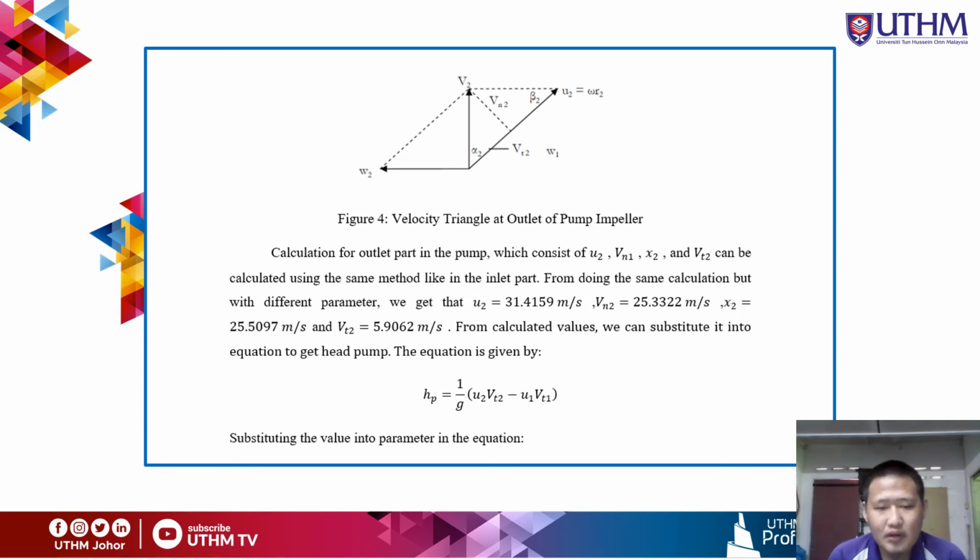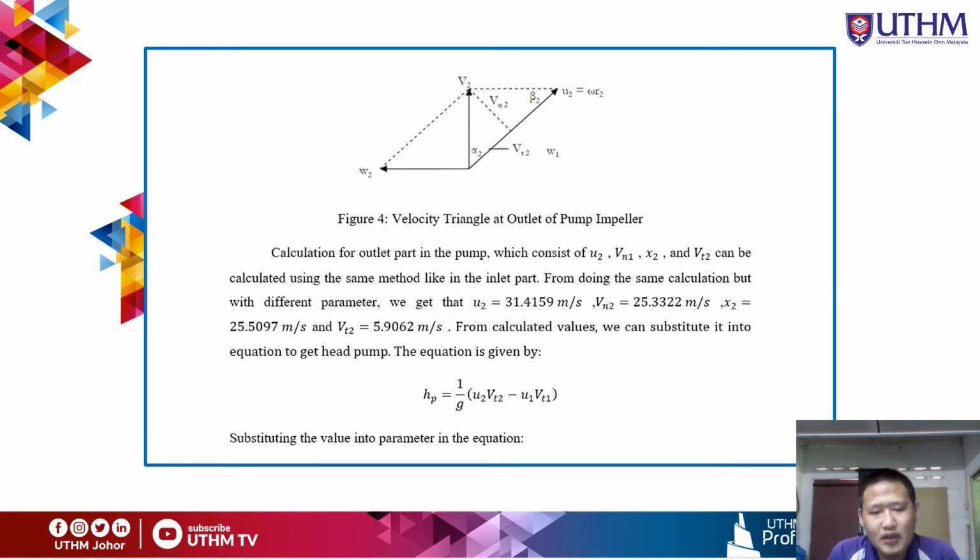From doing the same calculation but with different parameters, we get U2 equal to 31.5159 meters per second, Vn2 equal to 25.3322 meters per second, X2 equal to 25.5097 meters per second, and Vt2 equal to 5.9062 meters per second.